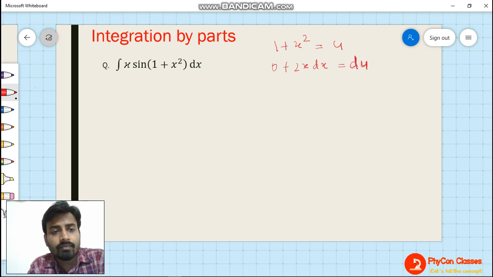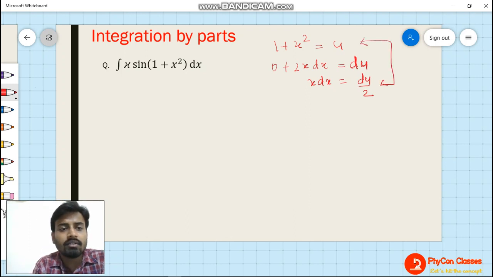Right? Now x dx can be written as what? Du by 2. Yes. Now these two equations we have to use in here. See, integration of x and dx. In place of x and dx, we can write du by 2. Fine.